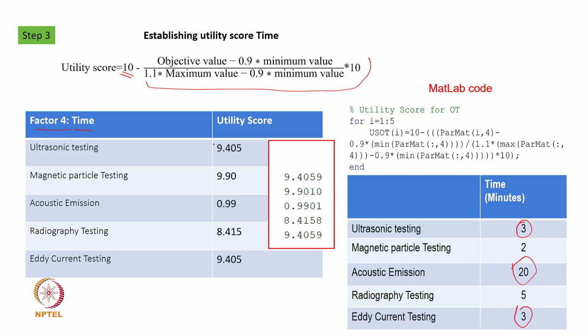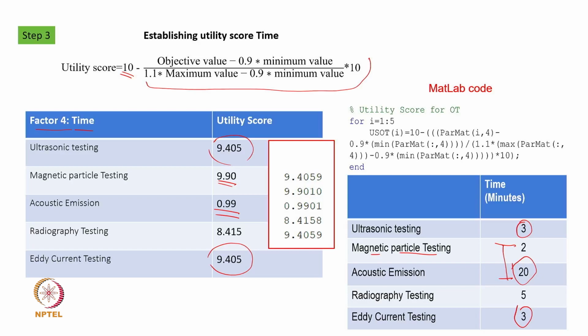So, they should have the same value, and this is 9.405, 9.405, the same value, and acoustic emission is the worst, that is why it is getting 0.99. Magnetic particle testing is the best, that is why it is getting 9.9. Again, it is not 10, it is 9.9. Now, if there is more and more difference, naturally the value will be nearer to 0 or nearer to 10, but again it will not be 0 or 10, it will be closer. So, this is what we have done.